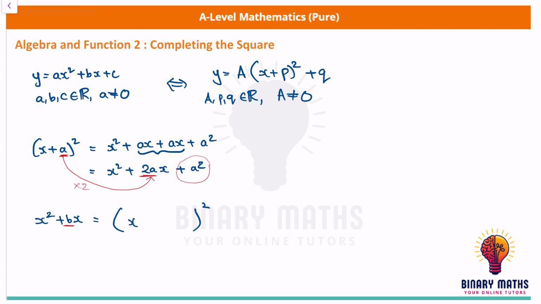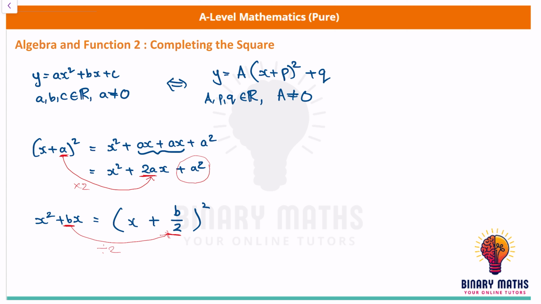The coefficient b divided by 2 is b over 2. Because it's a positive b, it must be a positive b over 2 there. So I've divided by 2 to get this number inside the bracket.